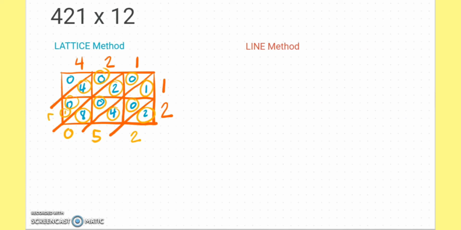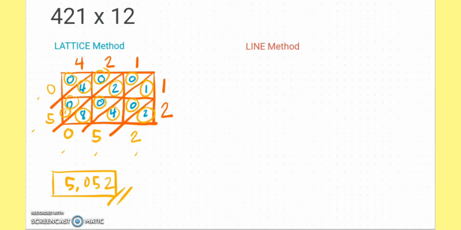So we have a 5 and then just a 0 here. So the 05052, which is 5052 as the product. So see the benefit of this lattice method. I think the process is shorter than when you do the traditional multiplication.